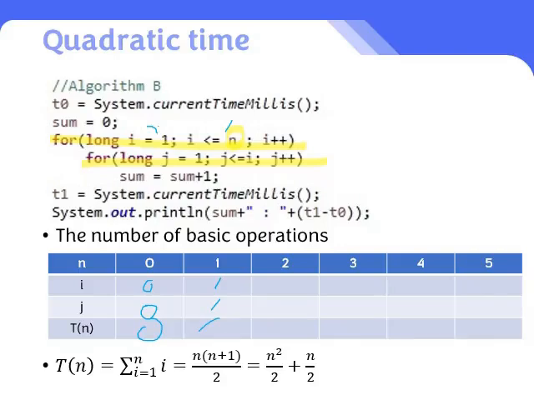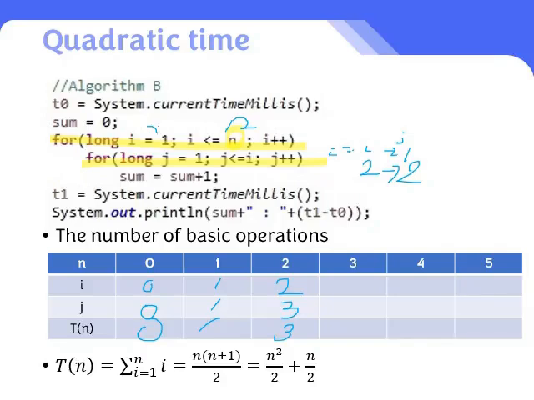Now, what happens if n is 2? If the value of n is 2, then when the variable i is equal to 1, the variable j repeats exactly once, and subsequently, when the variable i is equal to 2, the variable j repeats precisely twice. So i repeats twice. When n is 2, i repeats twice, but j repeats 3 times, so T(2) becomes 3, because this addition happens 3 times.